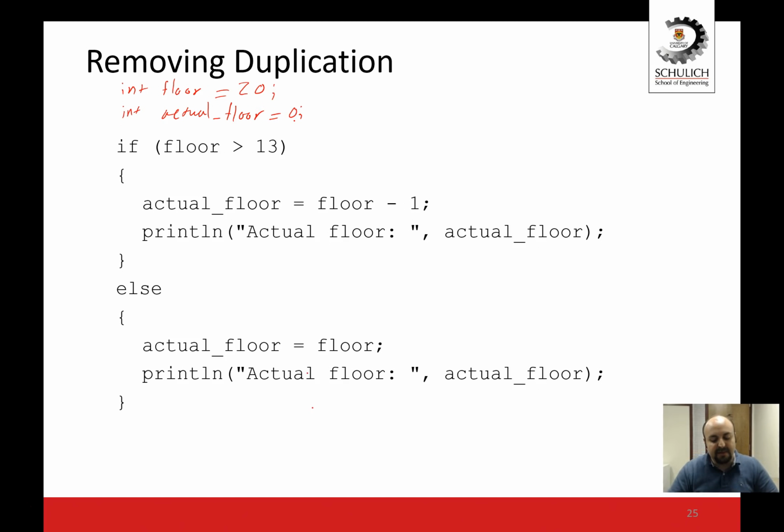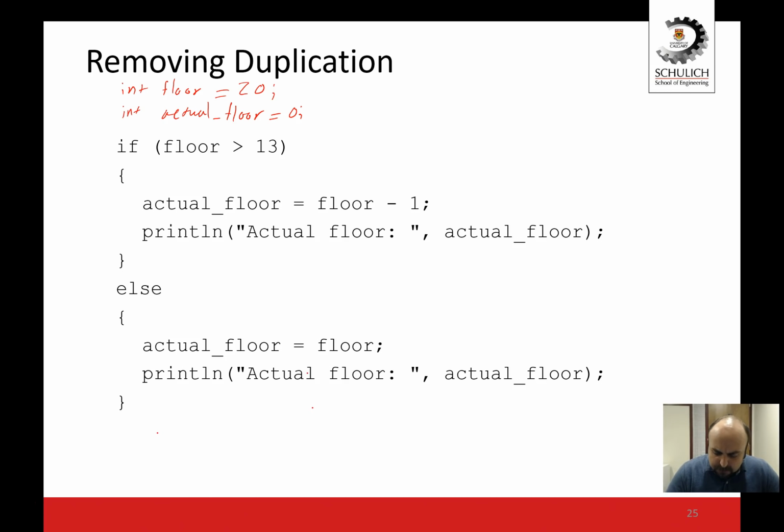So assume that this comes before this code. What happens is you have two cases. You have a case that floor is greater than 13, and then you have all other cases. So if floor is 13 or lower than 13, this would become your condition. And this code is not taking care of the negative case. So there is that logical problem associated with this.